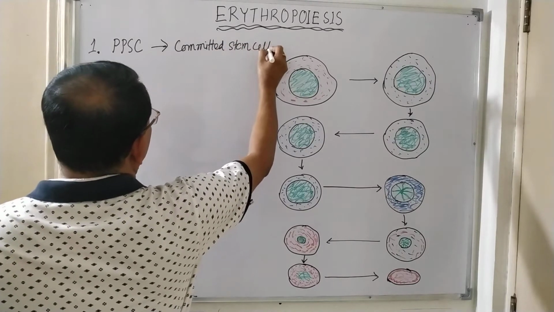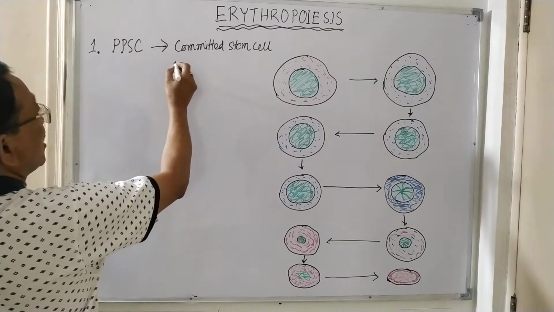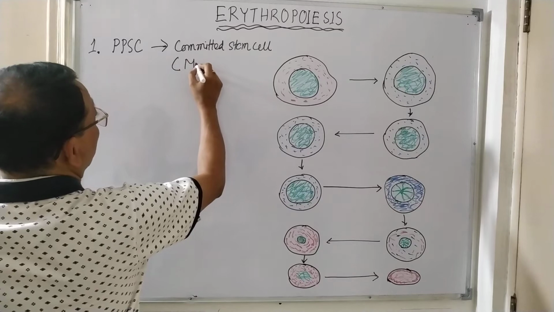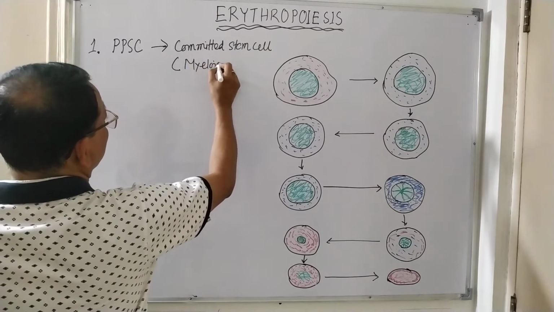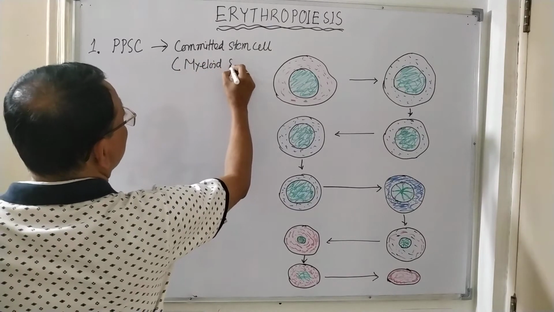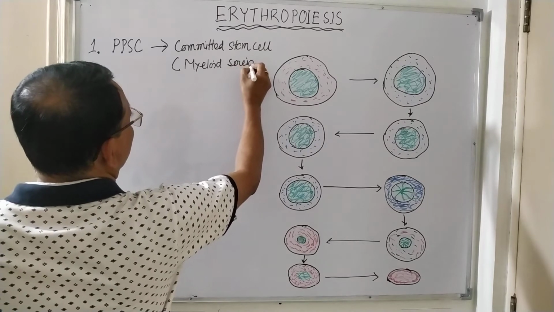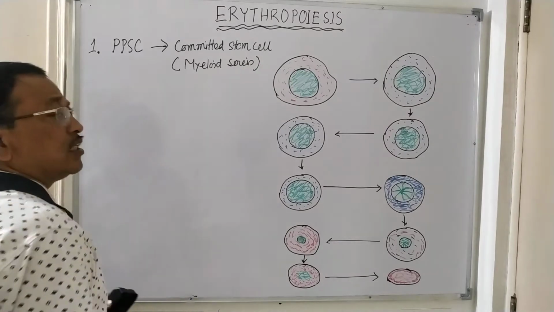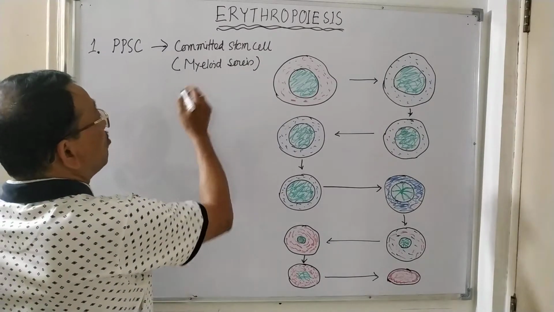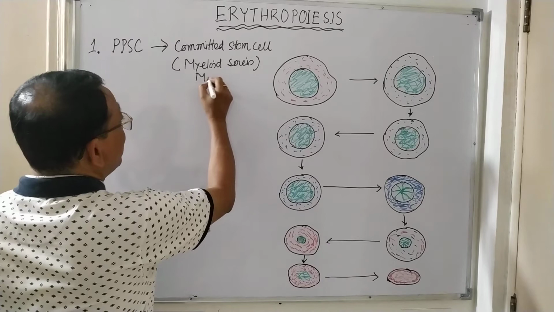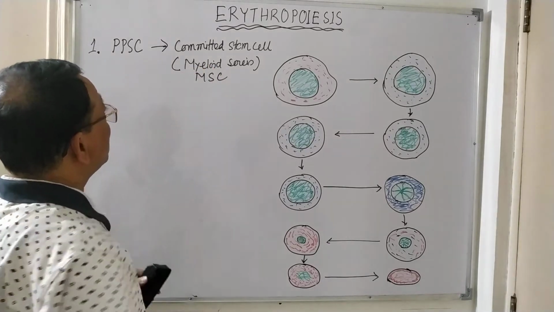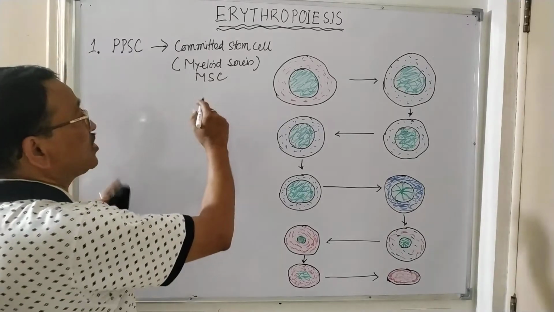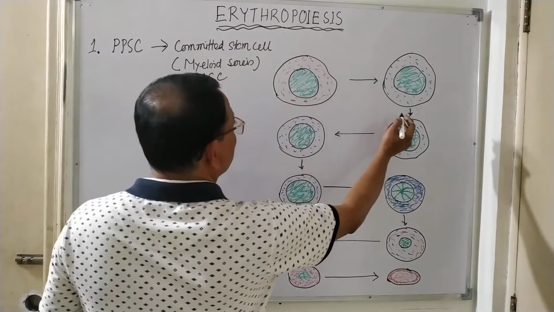This one. From the hemocytoblast, this committed stem cell is formed, that is the myeloid stem series, or in short, myeloid stem series. This is the first step.